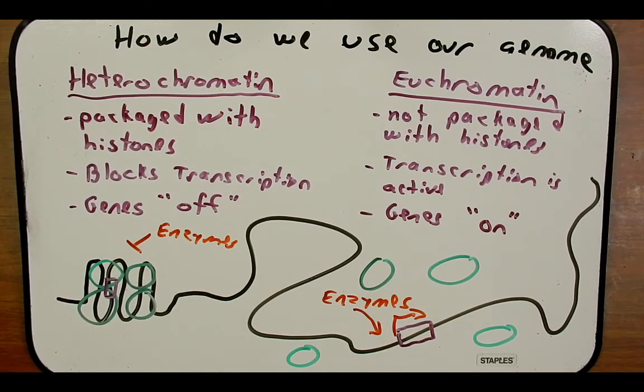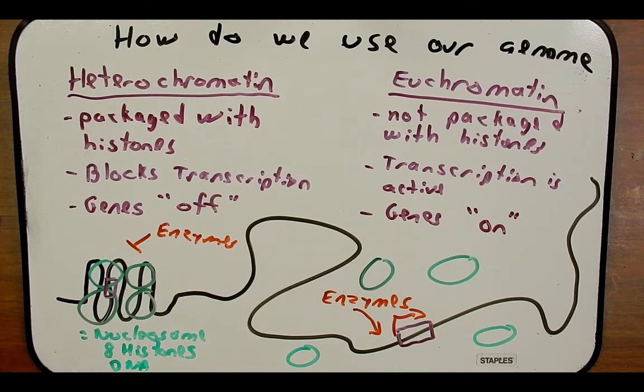We'll talk more about this as we move forward, but a couple things I want to point out to you real quick is that these histones with the DNA associated equals a nucleosome. Nucleosomes contain 8 histone proteins and DNA.